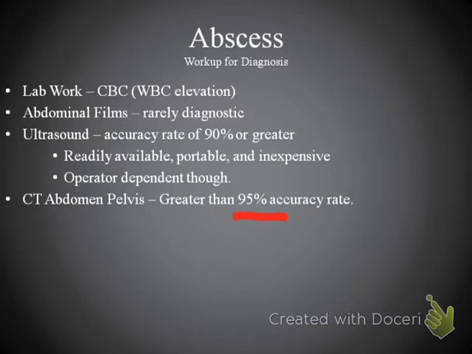And so I just want to make it known that it's very important that we use water-soluble iodinated contrast, such as Gastrografin and things like that, for oral contrast if we are instructed to give oral contrast to aid in the diagnostic quality.